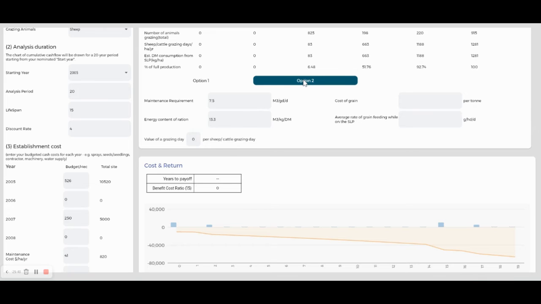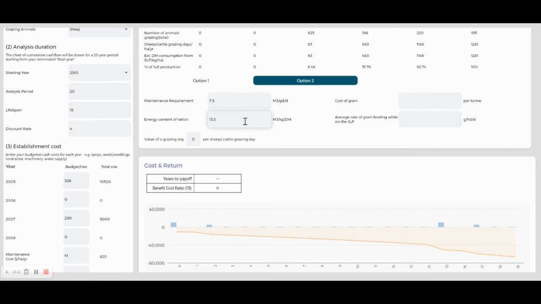So we put in a maintenance requirement, and it depends on the live weight of your stock and what sort of stock you were grazing the saltland pasture with. So if they're pregnant ewes, then their energy requirements are higher than if they're dry ewes. The typical value is around 7.5 megajoules per head per day. So that number we'll stick with the standard number.